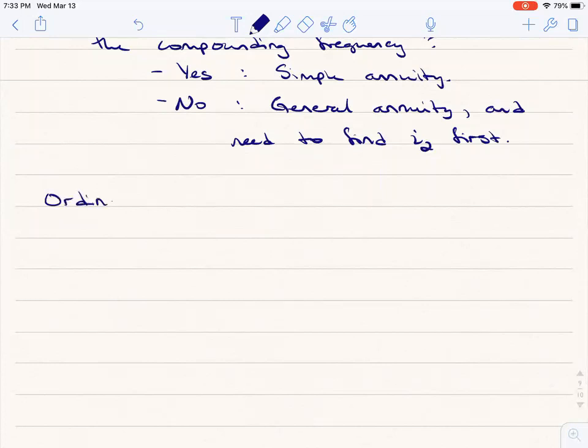Let's talk about ordinary simple annuities.